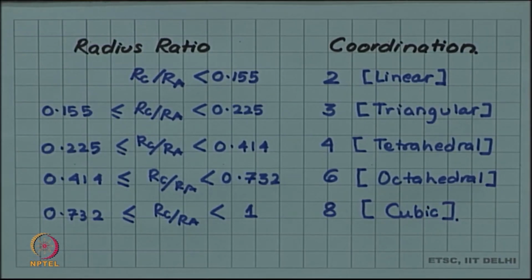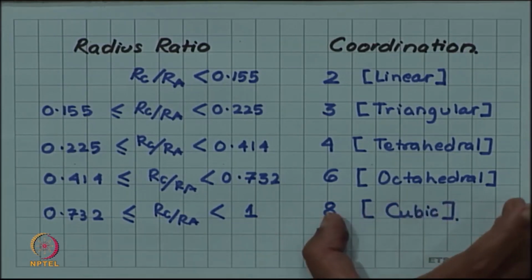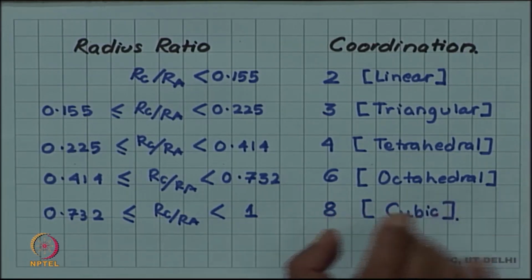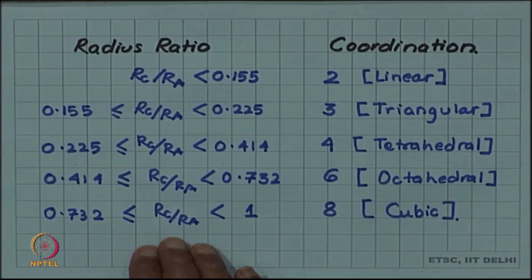So, this table summarizes what we have discussed about the structure, and what it tries to do is predict the kind of coordination which you expect simply on the basis of radius ratio.